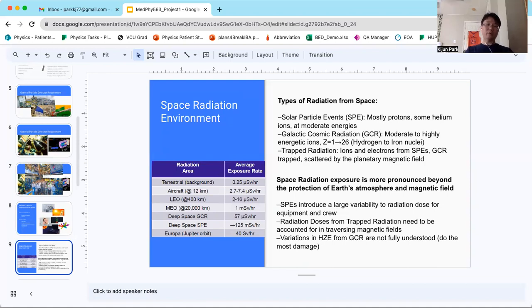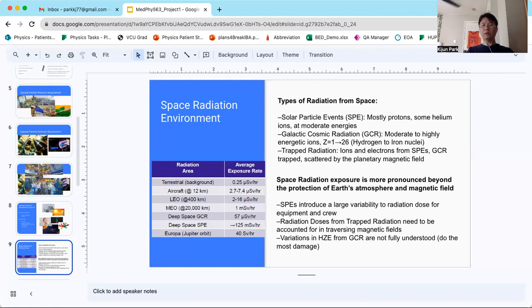We take into account three major radiation types. The first is solar particle events, SPE, mostly protons or helium ions, in a moderate energy range. The second one is the galactic cosmic ray, GCR.